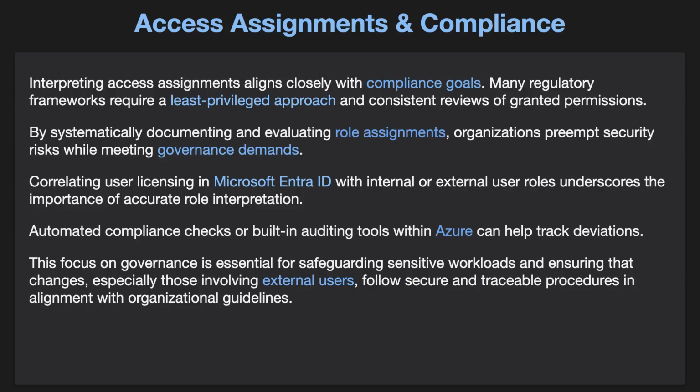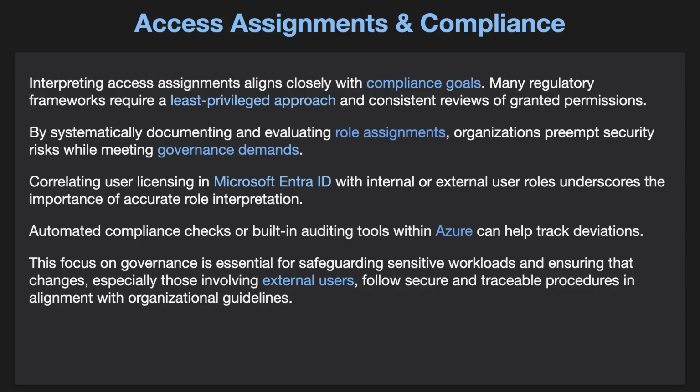Interpreting access assignments aligns closely with compliance goals. Many regulatory frameworks require a least privileged approach and consistent reviews of granted permissions. By systematically documenting and evaluating role assignments, organizations preempt security risks while meeting governance demands.